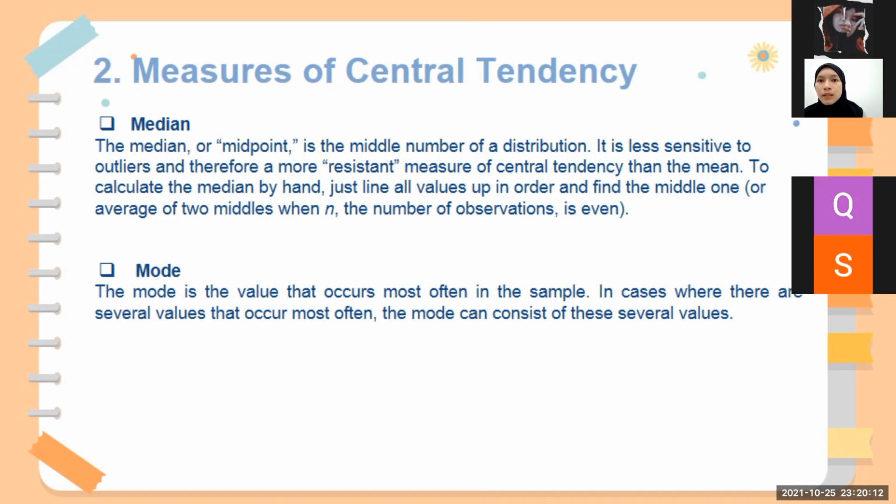To calculate the median by hand, just line all values up in order and find the middle one, or the average of the two middles when N, the number of observations, is even. And mode. The mode is the value that occurs most often in the sample. In cases where several values occur most often, the mode can consist of these several values. Next.